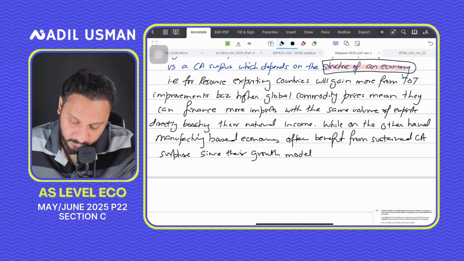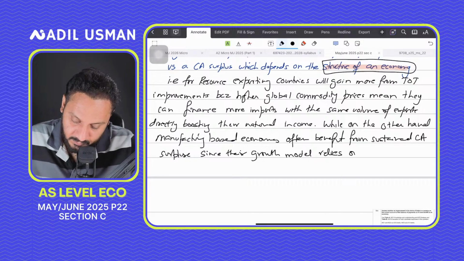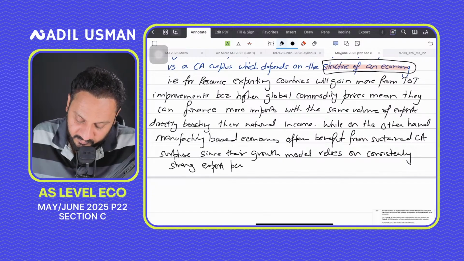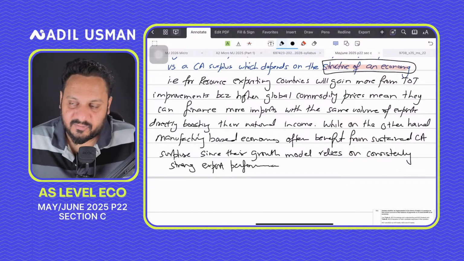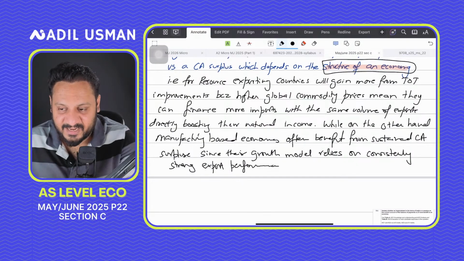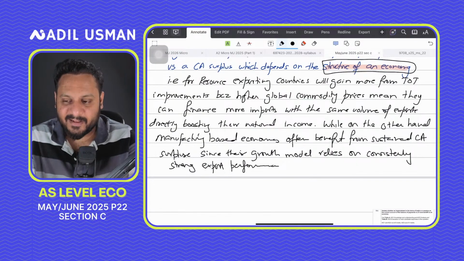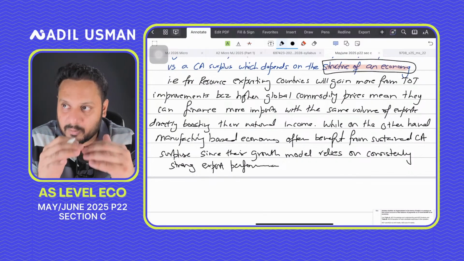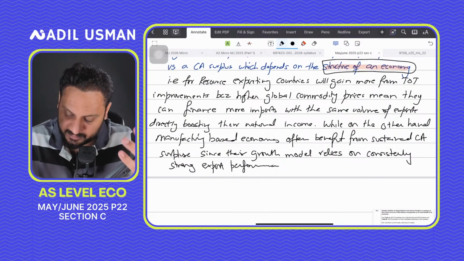Since their economic growth model relies on consistently strong export performance. China is dominating world exports throughout the world. We have goods being imported from China, or China is exporting its goods, right?